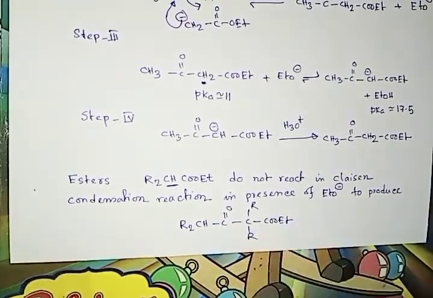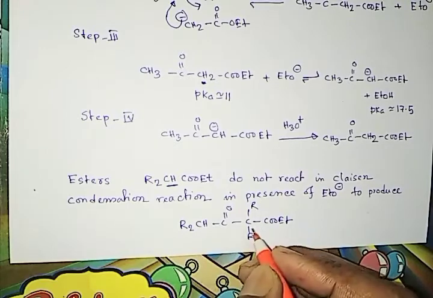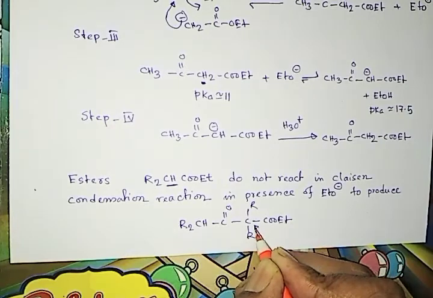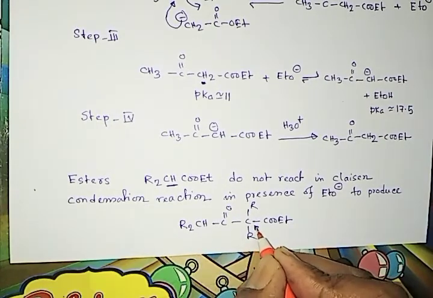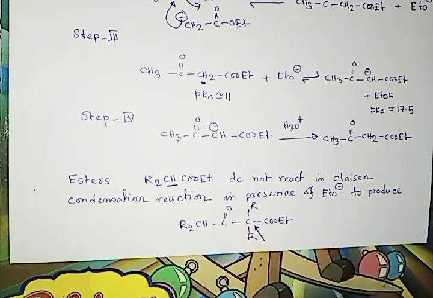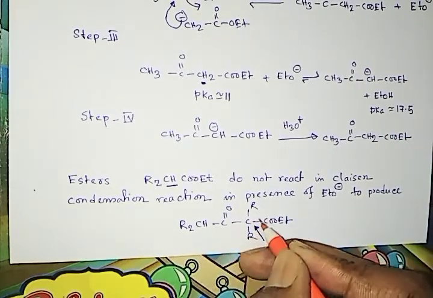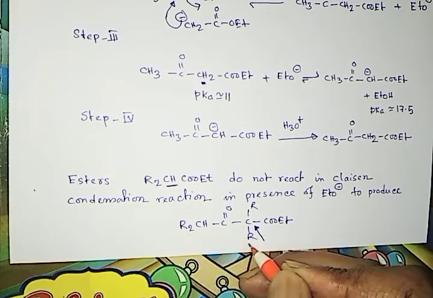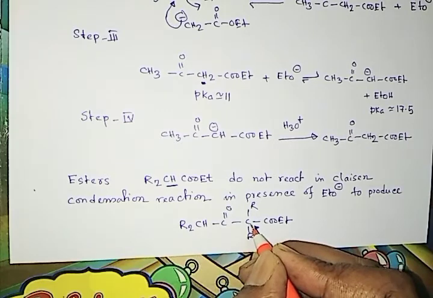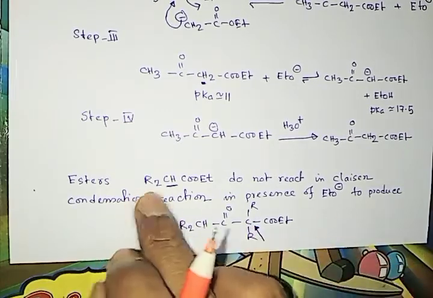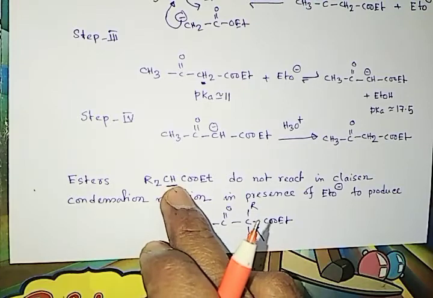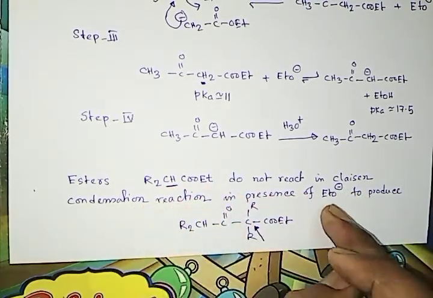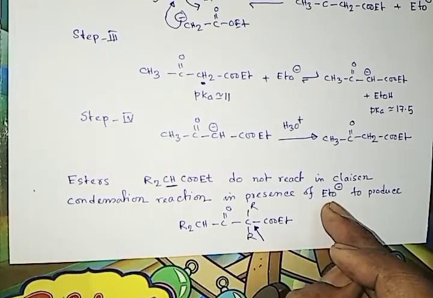You see why this will not occur, because we have seen in the mechanism that a proton on this carbon is necessary to make the salt, which is the successful step, but if there is no proton this will not produce a salt. A salt is formed by abstracting a proton from this carbon. Therefore, this ester R2CHCOOEt will not undergo Claisen condensation reaction in the presence of ethoxide base.